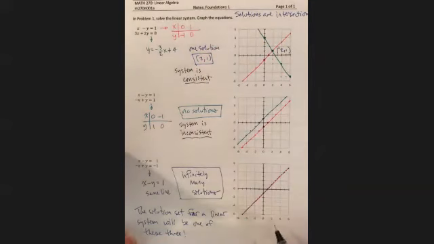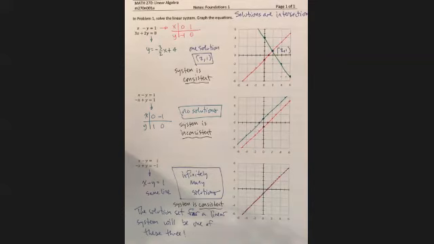So down here, infinitely many solutions, that means there's at least one, so this system is consistent. Any questions?